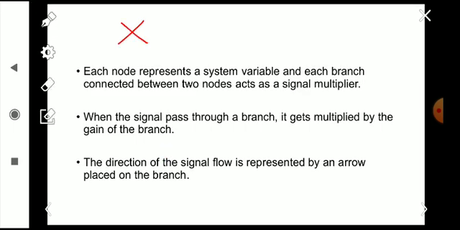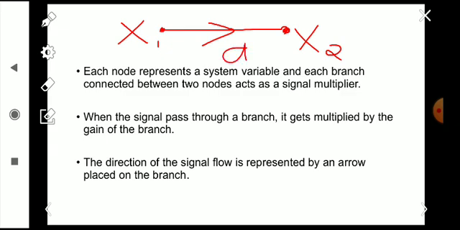Suppose x1 is a variable here. This is a node, and this is a branch. Here it is x2, the direction is like that, and the branch is given as a1.